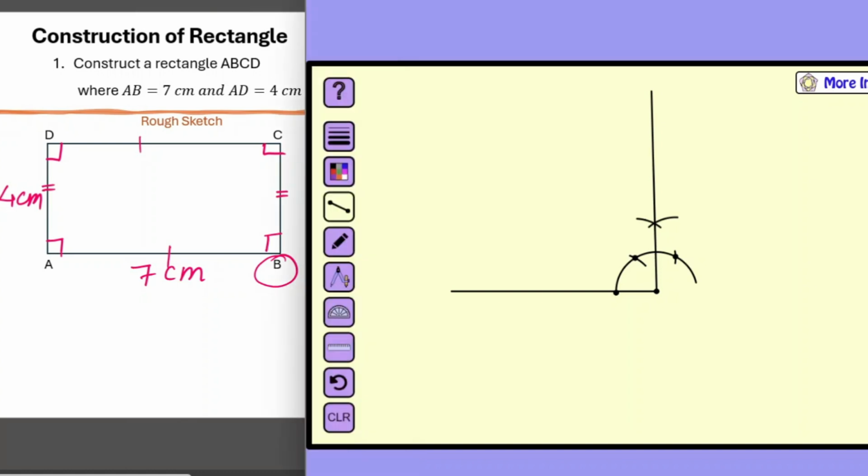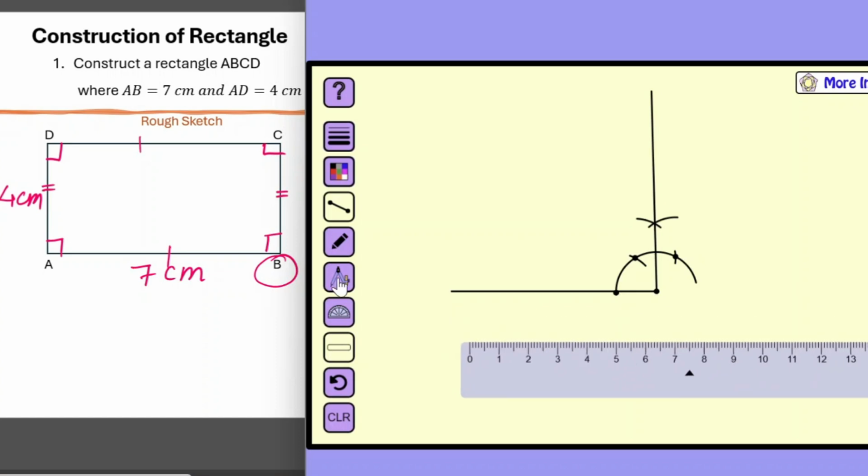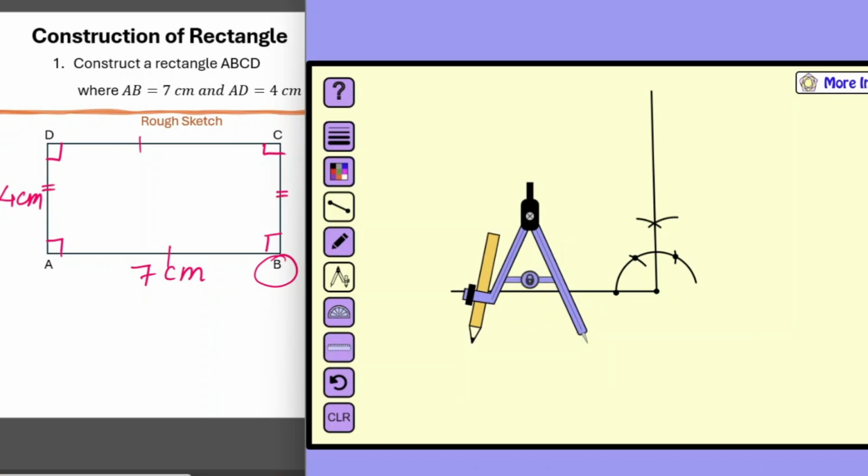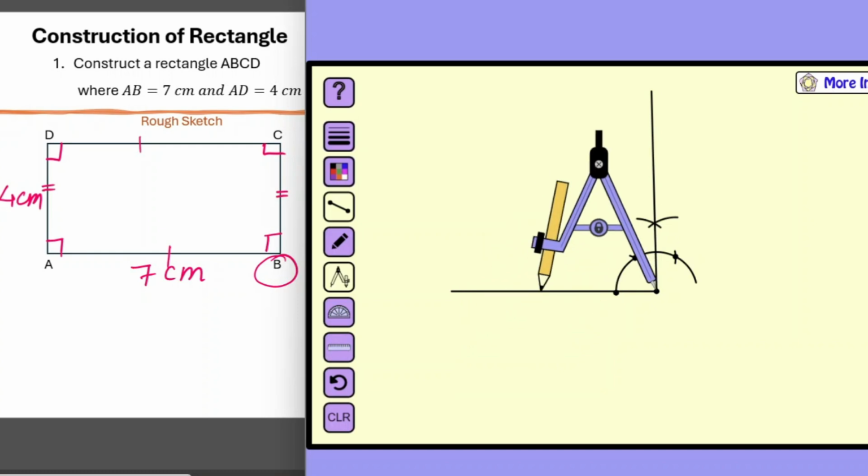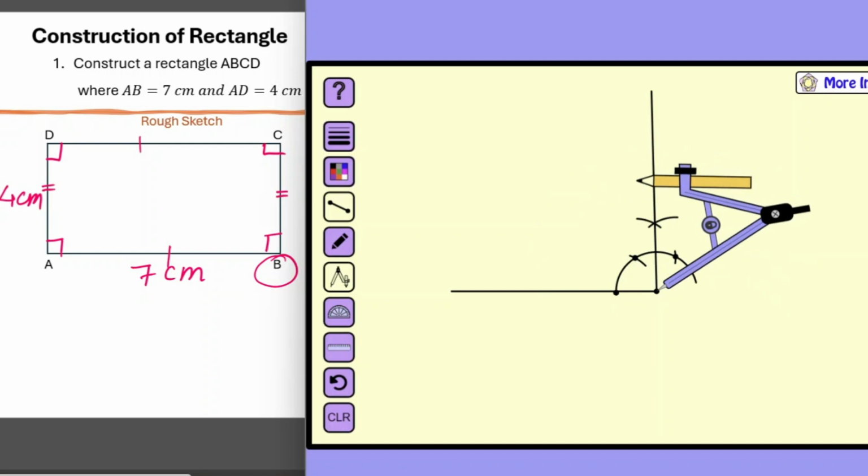So let's set 4 centimeter in your compass using your ruler. So I'll put my compass at 4 and I'll make an arc of radius 4 centimeter this way. Now since C is 4 centimeter away from B, I'll put my compass here at this point and cut this line segment.